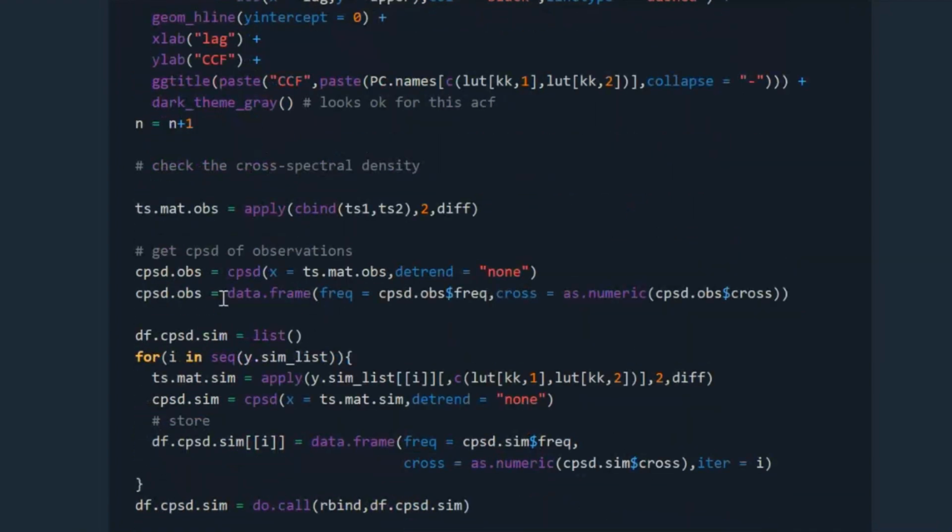And also calculate the cross-spectral density, which is the same as the CCF, but only in the spectral domain.